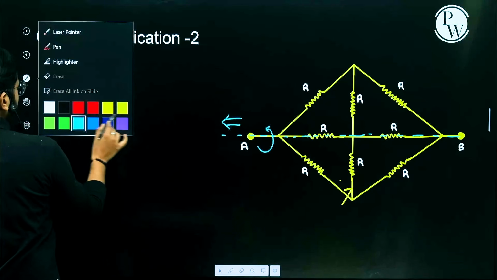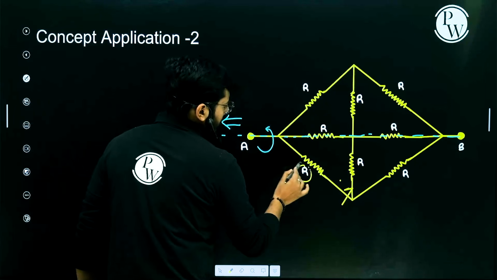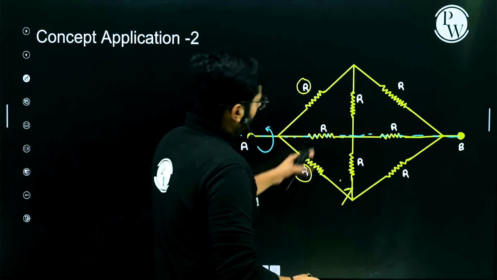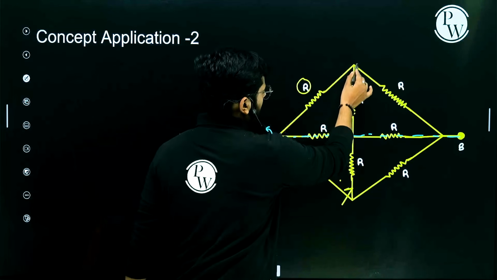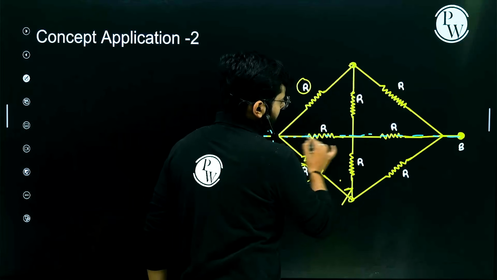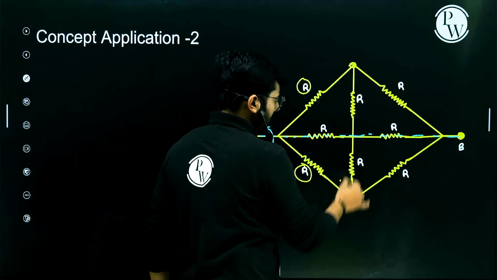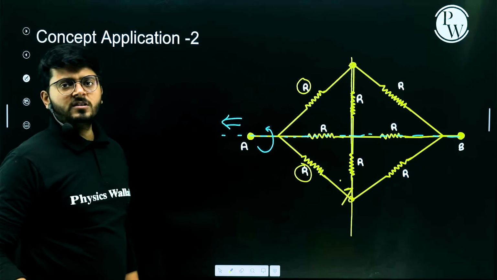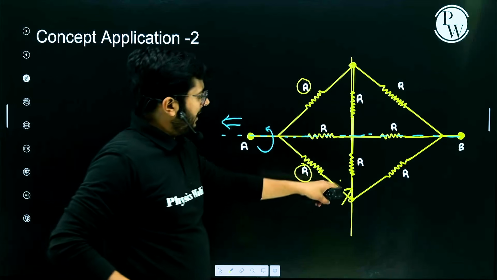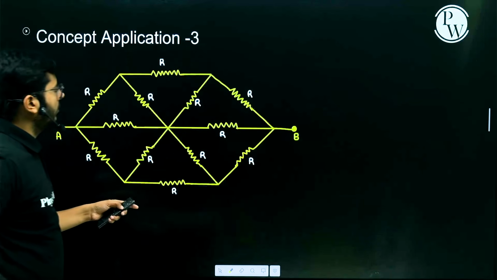If this is overlapping with this, now look into this axis. We can say that these are the points across the axis of symmetry. This is a parallel axis of symmetry, and these are the points across. So we can say that every element of this arm can be removed. So every element of this arm is removed. Then what will happen?